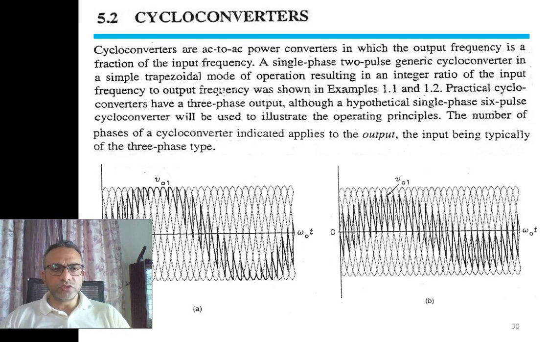So these two diagrams demonstrate that we can increase or decrease the output voltage. Also, we can increase or decrease the output frequency of the cycloconverter, and the frequency will always be less than the mains frequency. Now we come to the second slide.